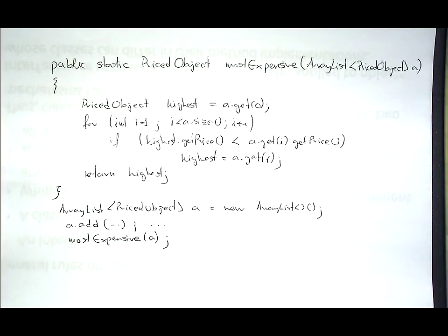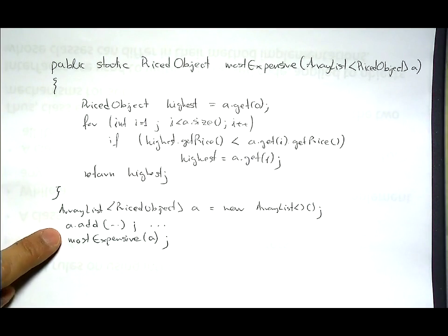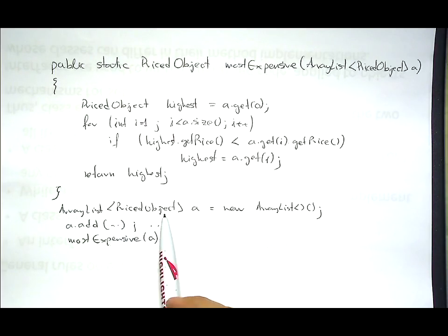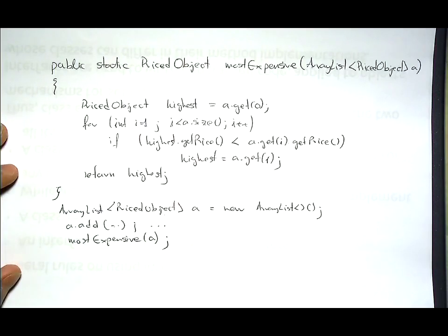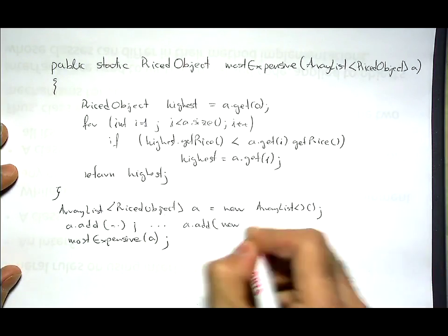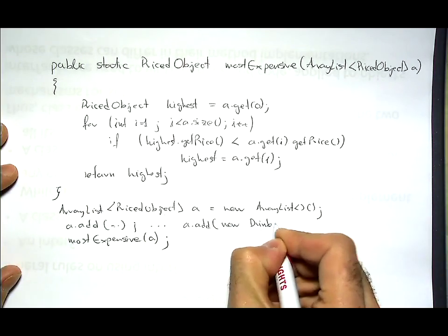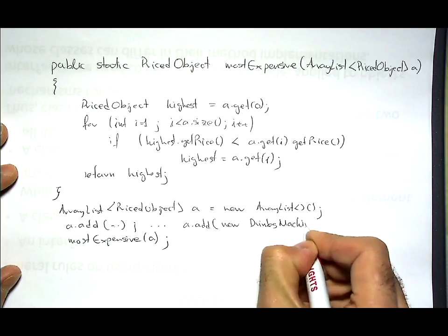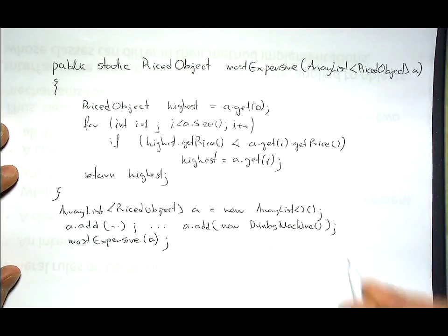Here I just run mostExpensive and throw it away. The answer is yes, this will work because it's obviously well typed. Here you have to think what you are going to add in the priced object. You can add both drinks machines and Scrabble words, for instance, and this will compile. So even if I have here a.add(new drinks machine), this will work.